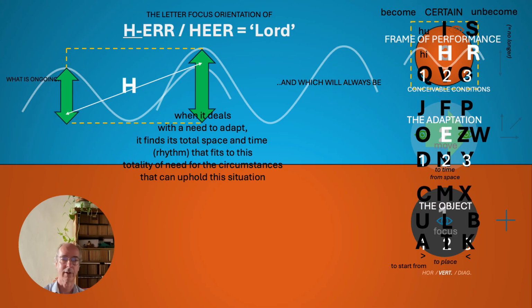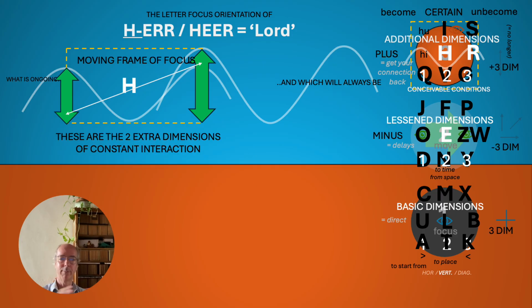And I wrote here, like, when it deals with a need to adapt, it will find then, of course, its total space and time context, or then also that rhythm, which is then in a constant mood and variation. And that you will find the totality of the need of the circumstances that makes it possible. And that can also uphold this situation, so that it can be an ongoing situation of it is, and I can recognize it, and it will also always be.